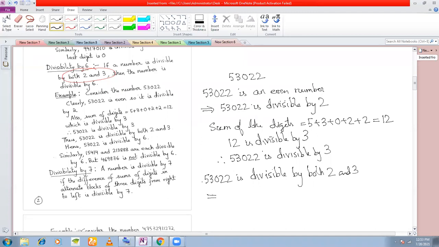That means 53022 is divisible by 6. Is this clear? Is this clear to everyone?